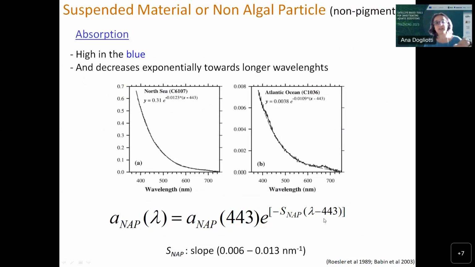From remote sensing it's really difficult, actually not possible, I think, to separate both. What you have as a product is the detritus absorption, which is a mixture of the absorption of CDOM and non-algal particle absorption. Some models output what is called ADG, the absorption of detritus and yellow stuff together, because it's hard to distinguish.